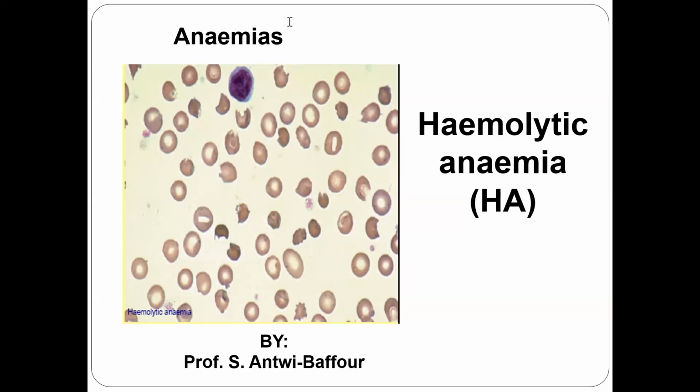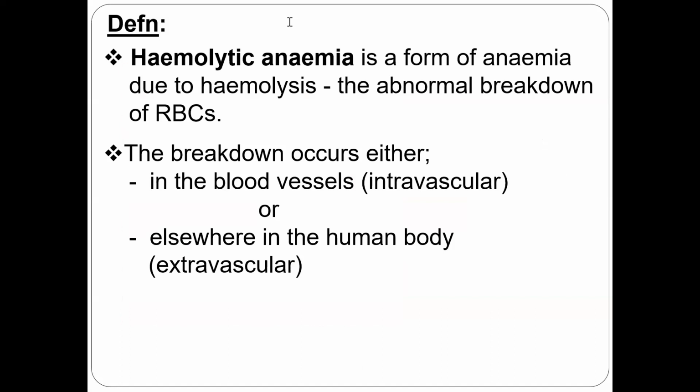So we are going to discuss hemolytic anemia. And so it's described as a form of anemia as a result of hemolysis. And hemolysis will be expanded to mean breakdown of red blood cells.